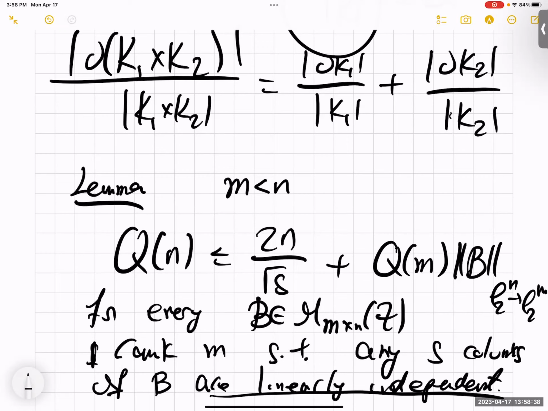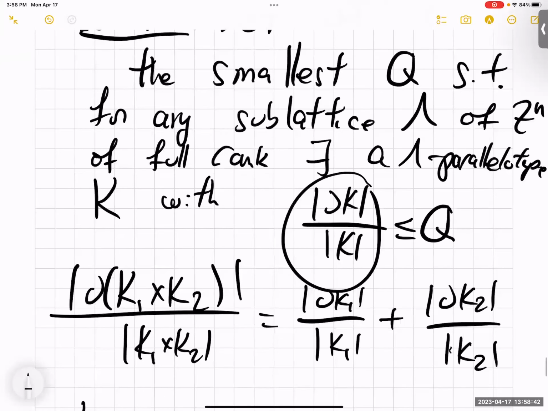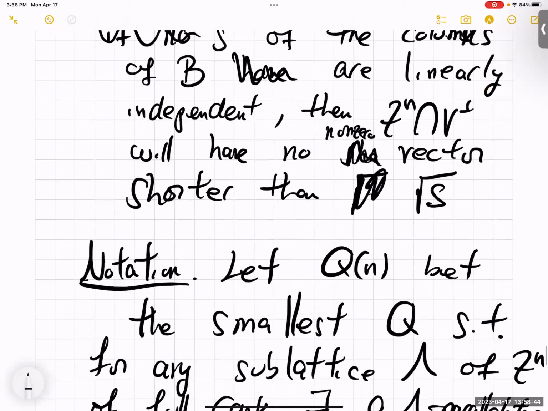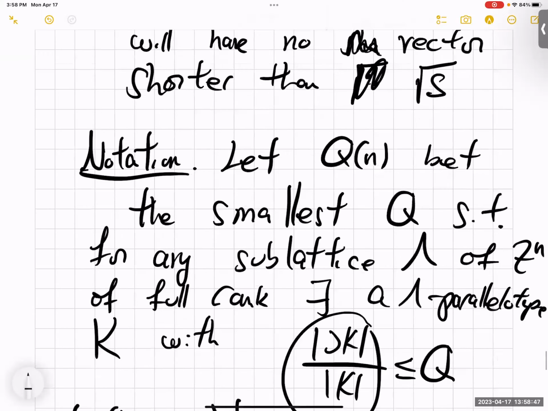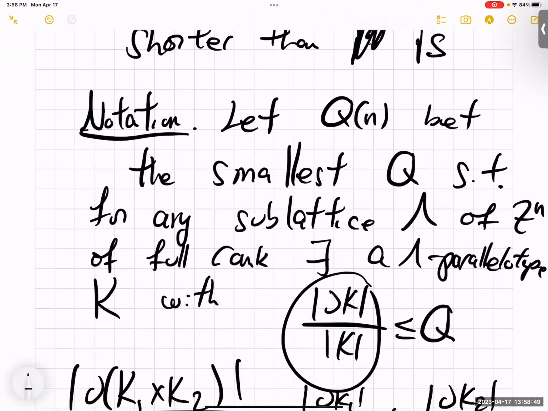And now you project orthogonally the lattice lambda onto the span of the rows of B. Again, because B is an integer matrix, this will actually be a lattice.